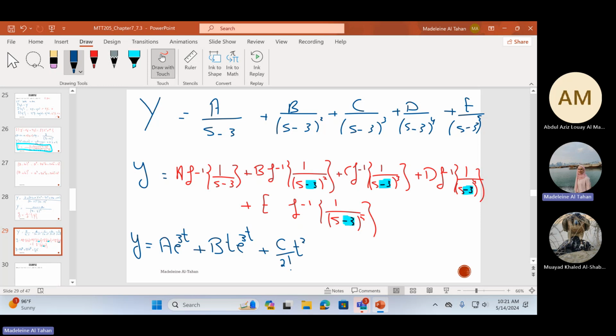Please go back to the previous formulas. 1 over s cubed is t squared over 2 factorial, and we will multiply by e^(3t). 1 over s to the 4 means t cubed over 3 factorial, and here t cubed and 1 over s to the 5, e^(3t), right?